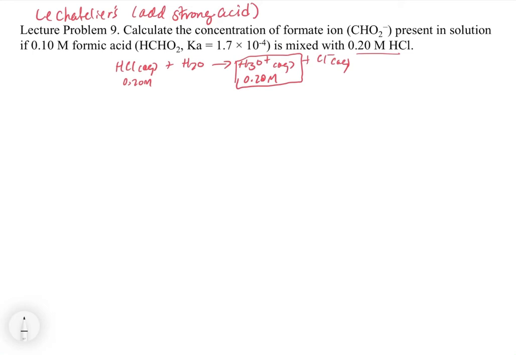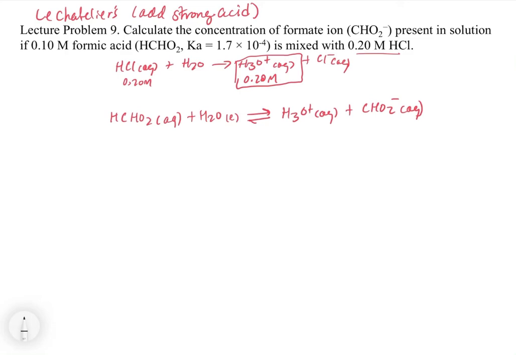And so then how is that going to affect our formic acid? Well, our formic acid, when it's in solution, HCHO2 aqueous, is going to have the water around also. And this is going to be in equilibrium with H3O plus aqueous plus the formate anion. Now the question is what is this H3O plus going to do to our reaction?